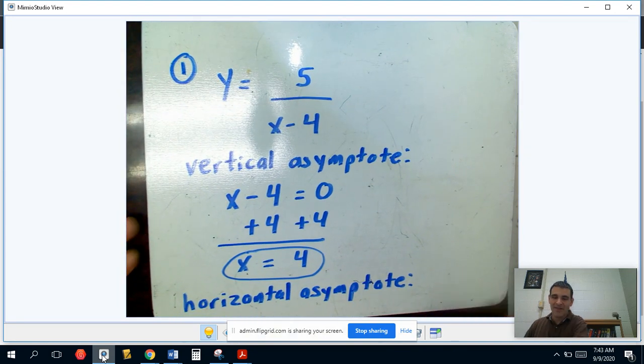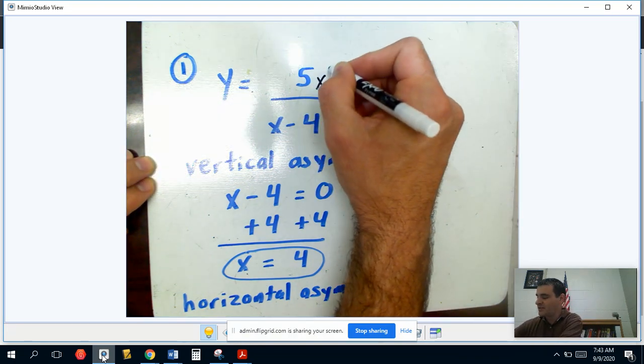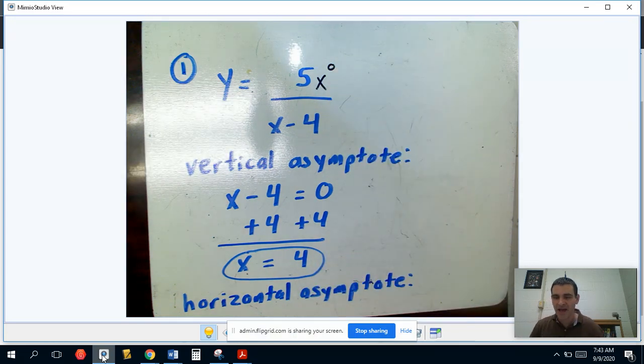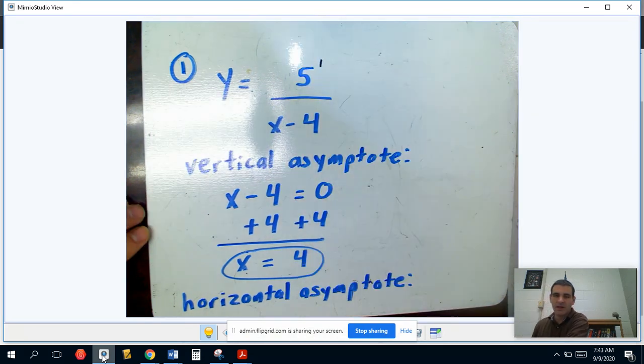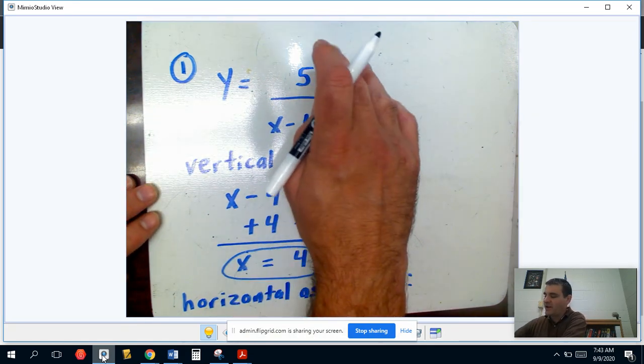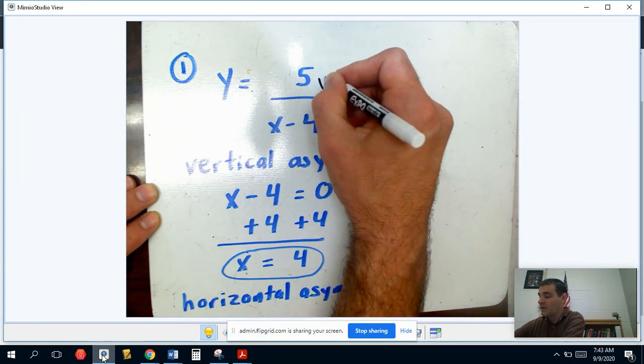All right, so we got to figure out the degree. Remember, with degree, you only look at the variables. All right, so for the 5, there's technically an x to the 0 power here, which I'll write in black because you're not going to see that written. But what we don't say is, oh, the degree on top is 1 because it's 5 at first. Degree is only with variable exponents, not with number exponents.